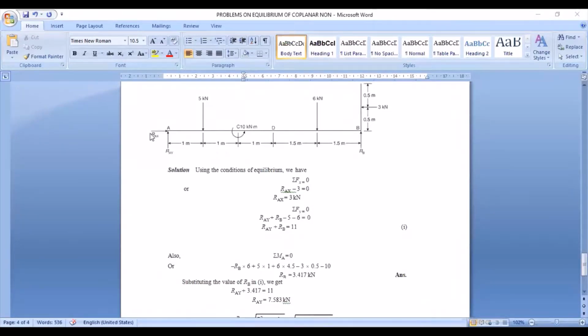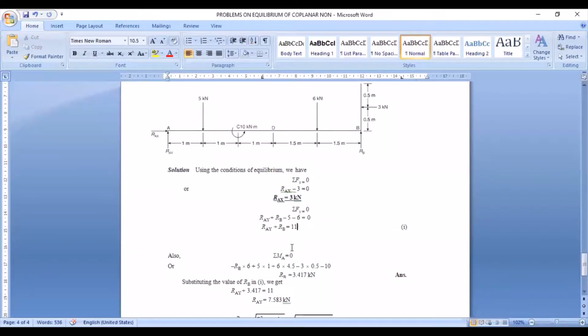Rax is moving to the right, therefore positive. 3 kilonewton is moving to the left, therefore negative. So we have plus Rax minus 3 because it is acting leftwards, and thereby you can say that Rax is equal to 3 kilonewton. So you have calculated one of the unknowns.